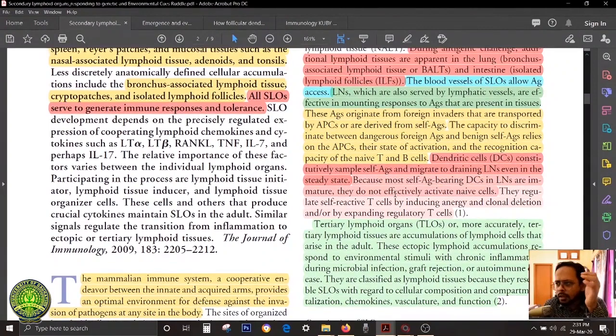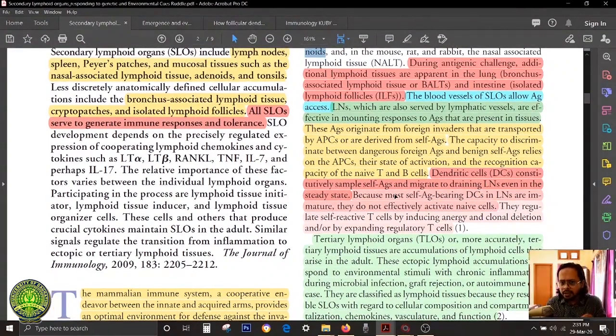Now, as you have got some idea about the secondary lymphoids and what they do, I can tell you this. The primary lymphoids are just like your educational institutes. They will train you, but you do not have the basic understanding of how the industry works, right? You know what is good, you know what is bad, you have your degrees.